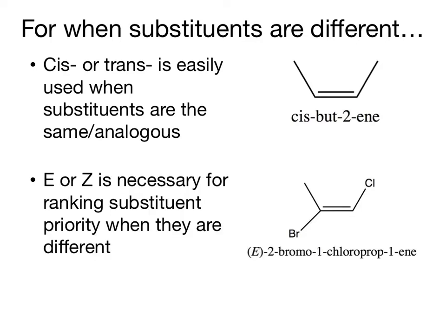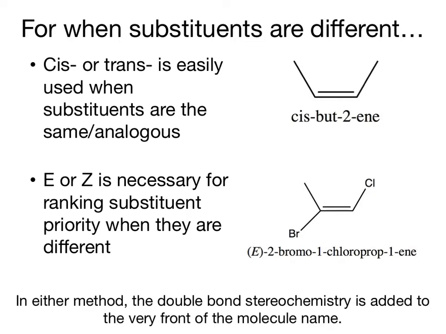And so instead, we have a different system called the E or Z system, which is necessary for ranking different substituent priorities like this. When I get something like a bromine or a chlorine, well, how do I decide which one of those is more significant or has a higher priority? Either way, for both cis and trans and E and Z nomenclature, we add the stereochemistry in our name at the very front.